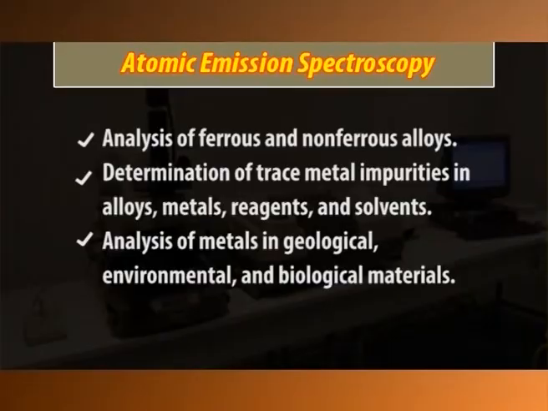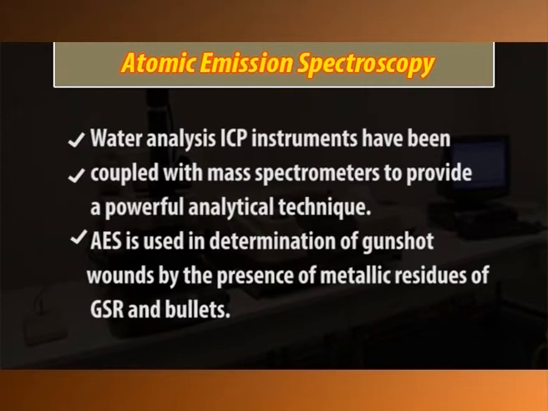AES can be used in the following: analysis of ferrous and non-ferrous alloys, determination of trace metal impurities in the alloys, metals, reagents and solvents, analysis of metals in geological, environmental and biological materials. Water analysis.